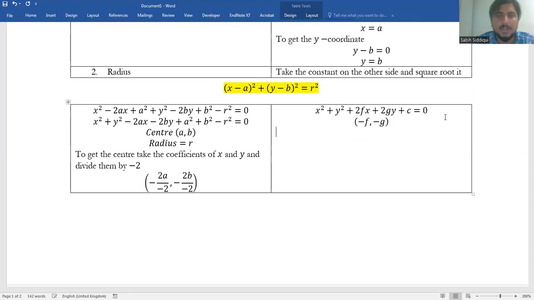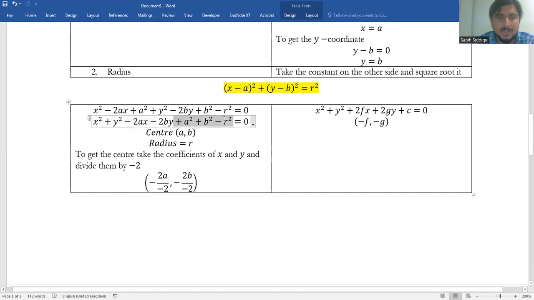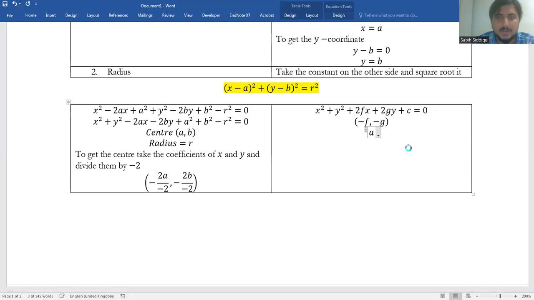Now what about the radius? How do I get the radius? See, a² + b² − r² are all the terms that equate to a single constant in the expanded form. So a² + b² − r² is equal to c, a single constant provided in the equation.